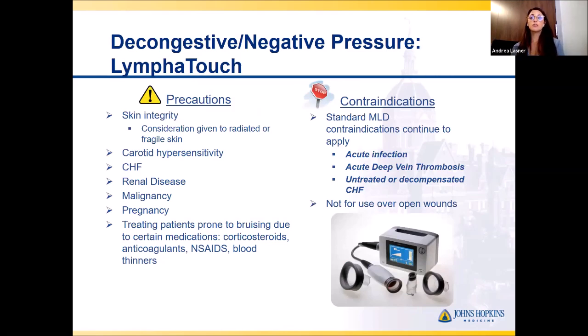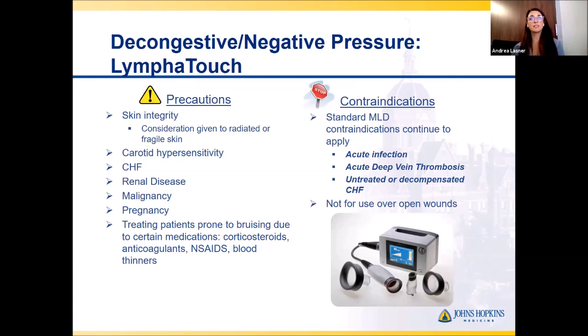You can decrease the amount of pressure if someone's very fragile or sensitive in the skin, with radiated or fragile skin, someone going through chemo or radiation. This machine has been used a lot with oncology patients, as well as in the performing arts realm. So these are things to be cautious of.